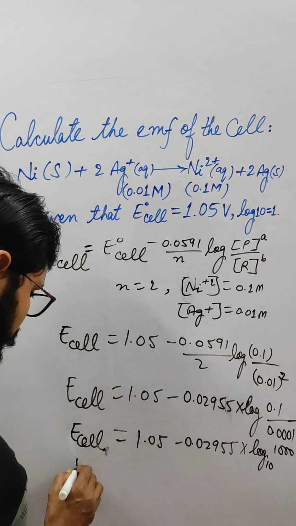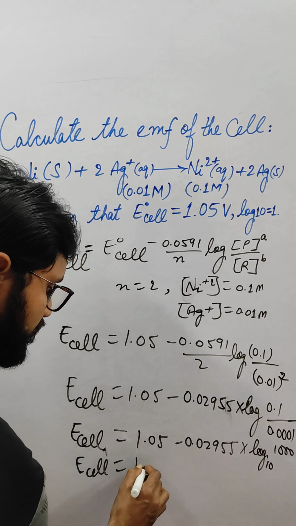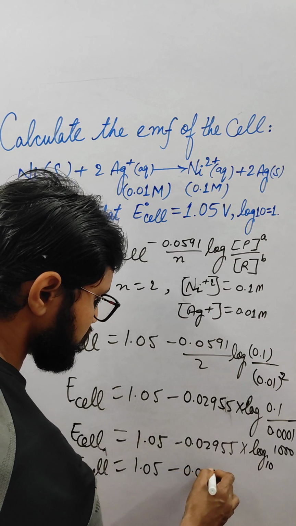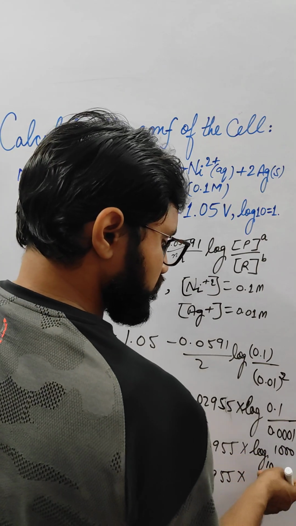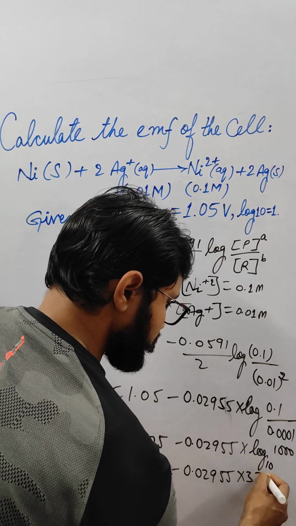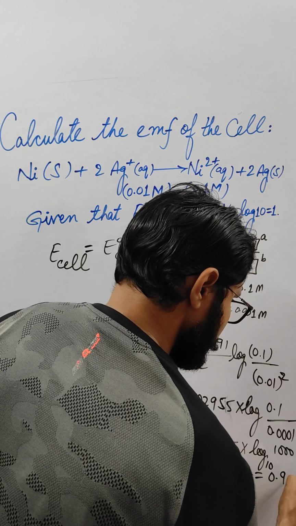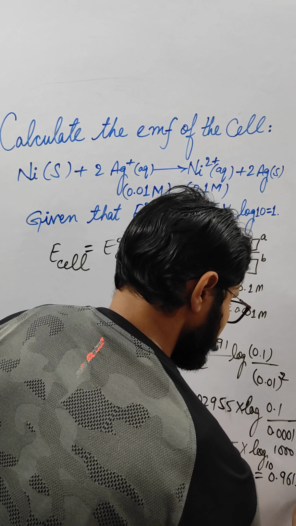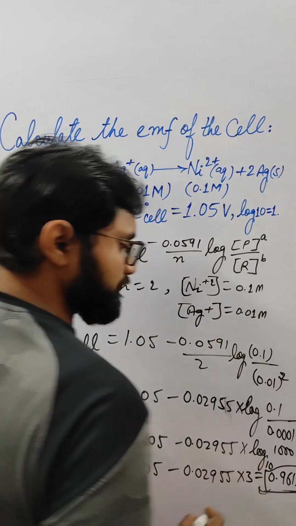So E cell equals 1.05 minus 0.02955 into log 1000 base 10, which is 3. So from here we get the value 0.96135 volts. This is our EMF of the cell, this is our answer.